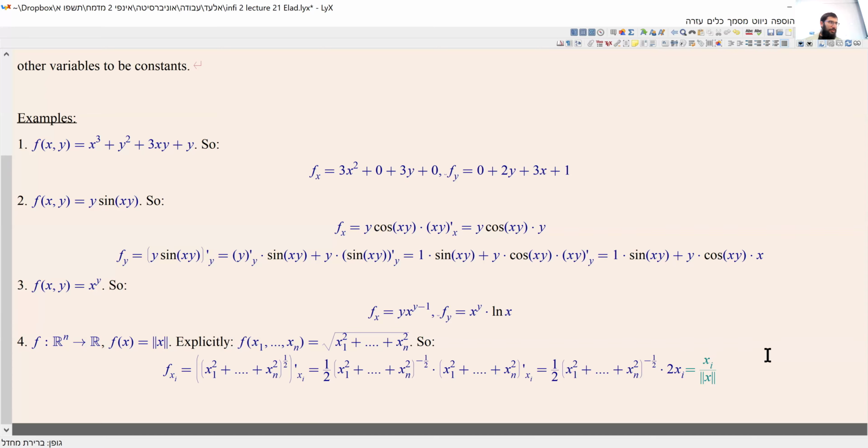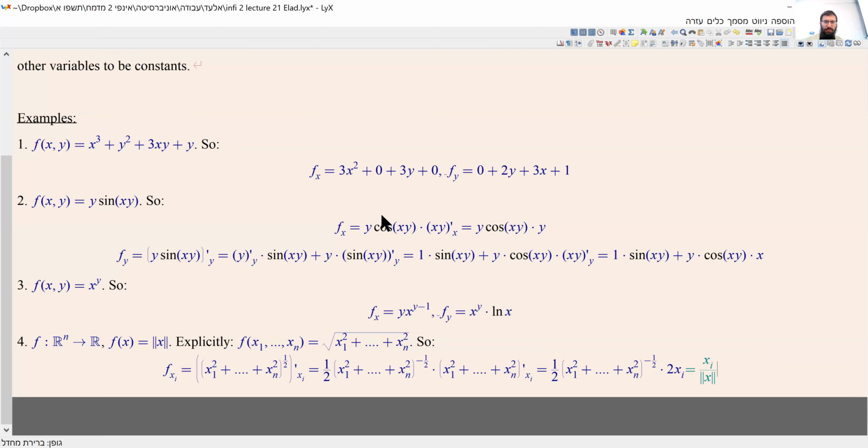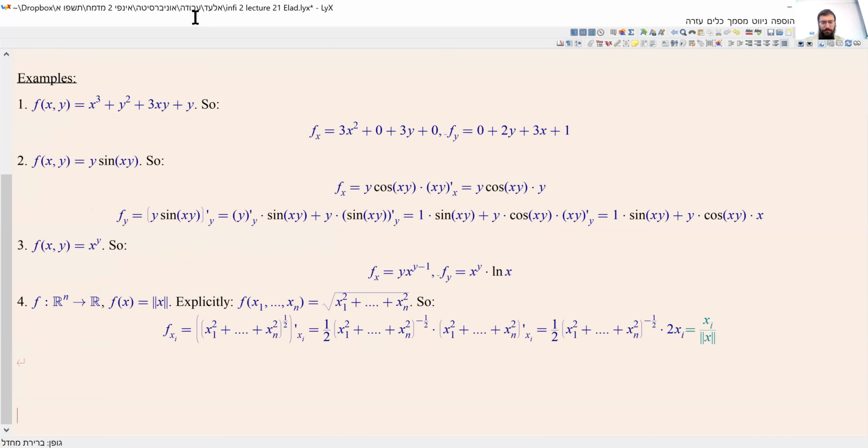What is the definition of partial derivatives? Sammy, any questions? Sammy, you here? Sammy or Lev? Who is it? Sammy. No, I'm good. Okay. So, what is the definition?